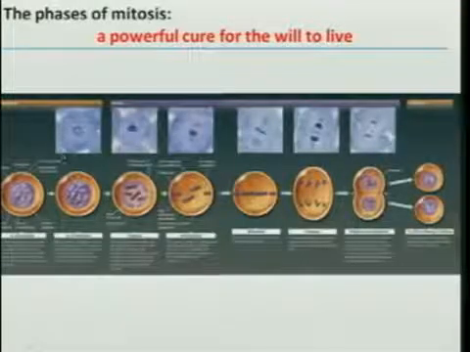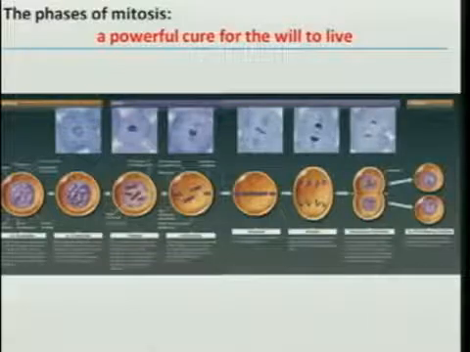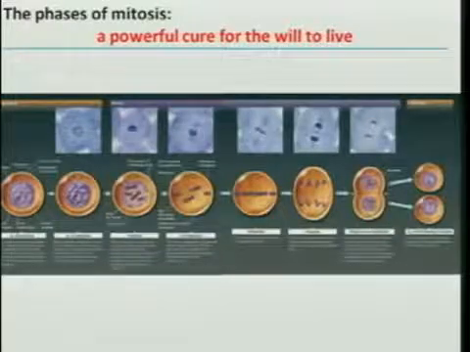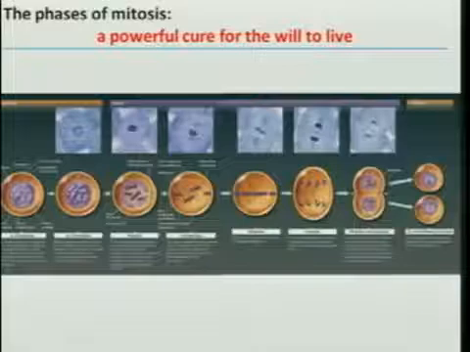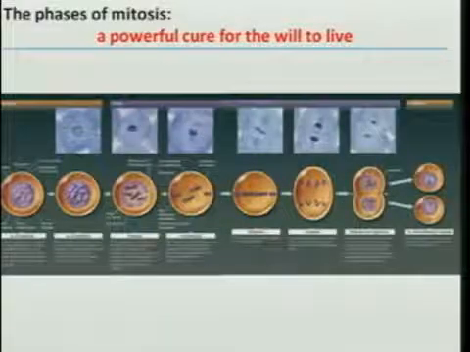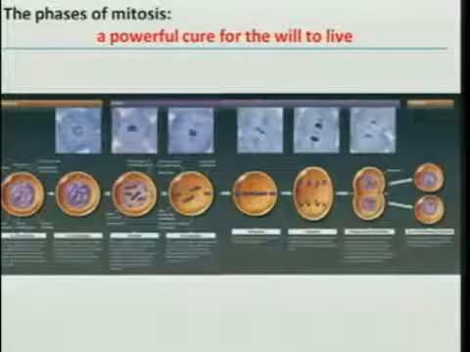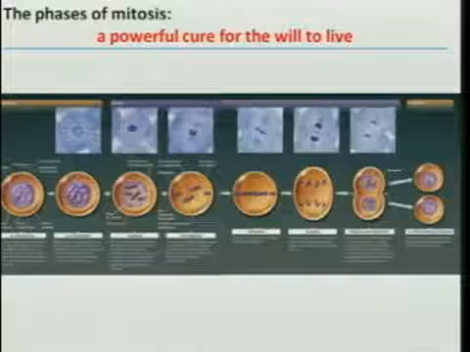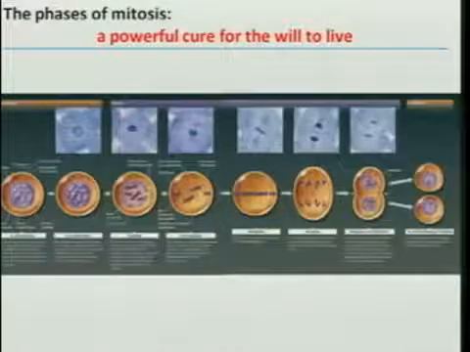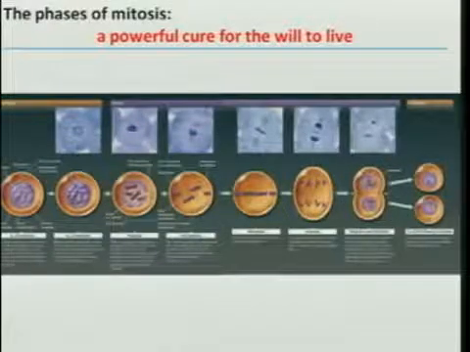Ladies and gentlemen, we now begin one of biological instruction's best known cures for the will to live. The phases of mitosis, which I am expecting you to please memorize. They are strangely named, and the partition between them comes across as slightly arbitrary. And I empathize with your predicament.